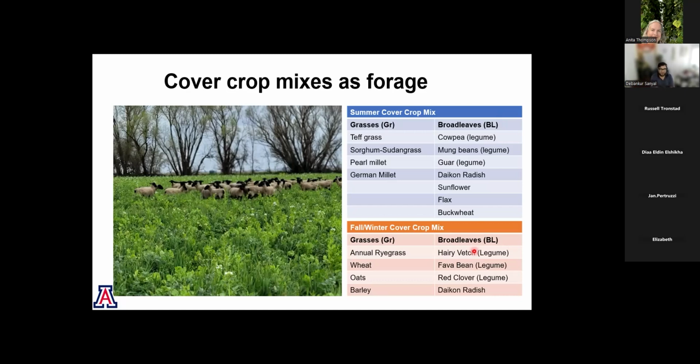So I work with people and help them custom design. We work with the cover crop seed vendor, and we can create a mix for whatever the need or goal of that farm is, and that's how we decide. Overall, this many species we can grow under the right environment in Arizona, and there are actually more, but I did not try all of them.